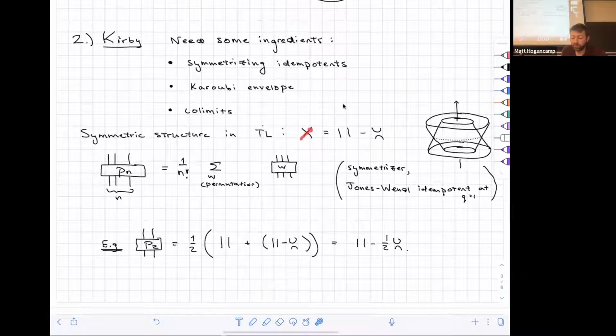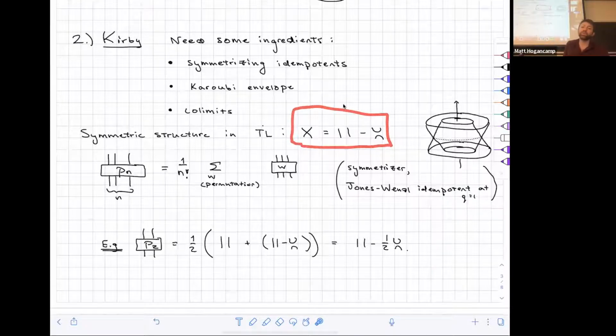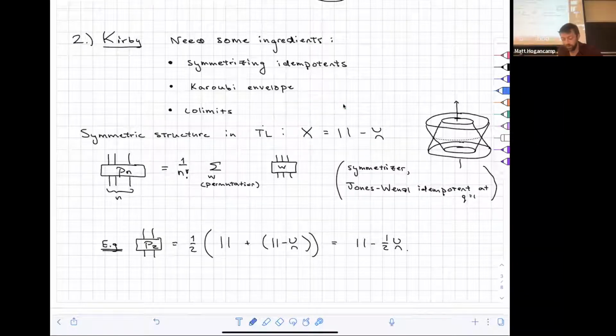I have to tell you what a permutation looks like. The generating permutation should be thought of as a morphism in the dotted Temperley-Lieb category by this little assignment. This is the classic story that this assignment does satisfy the relations in the symmetric group. We get the symmetric group and not the braid group here because we're working really at q equals 1.